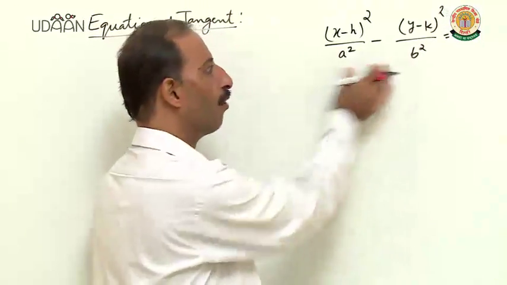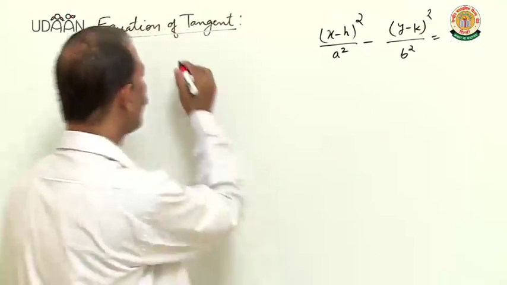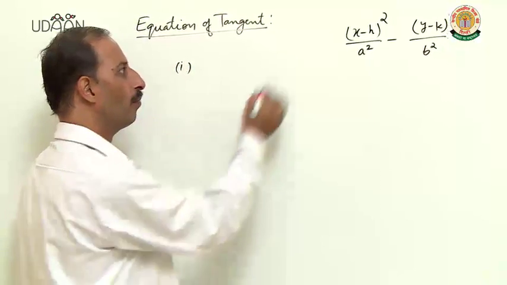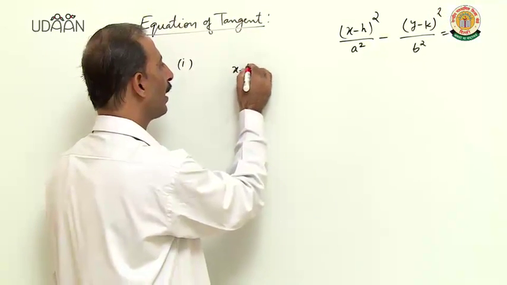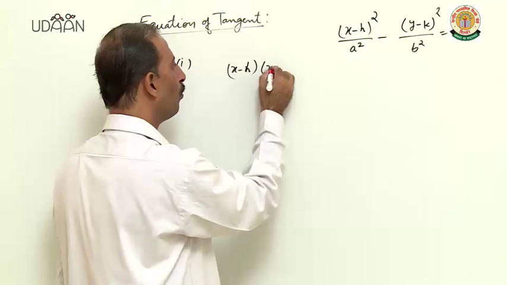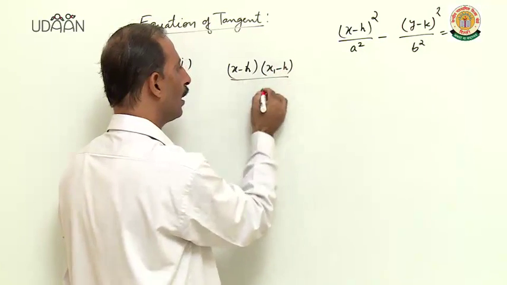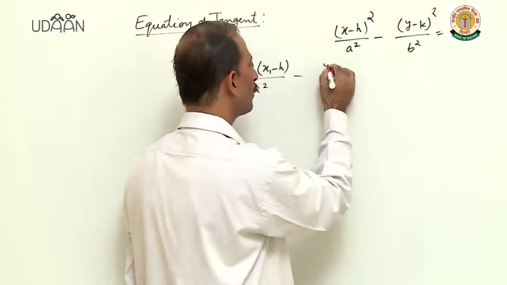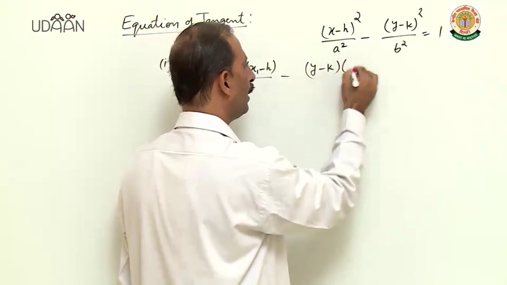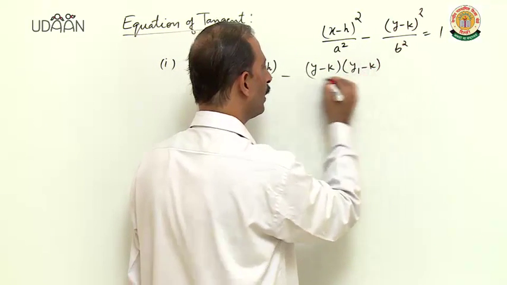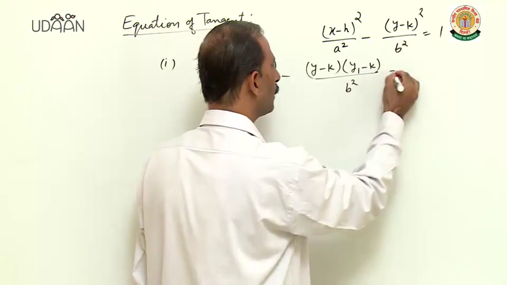If this type of form is there, then equation of tangent in point form is given by (x minus h) into (x1 minus h) upon a square minus (y minus k) into (y1 minus k) upon b square is equal to 1.